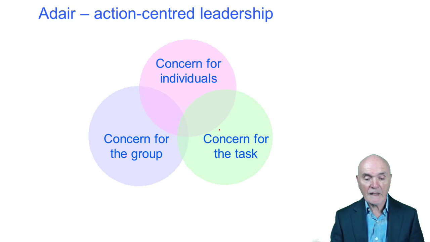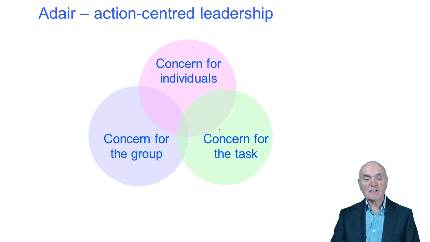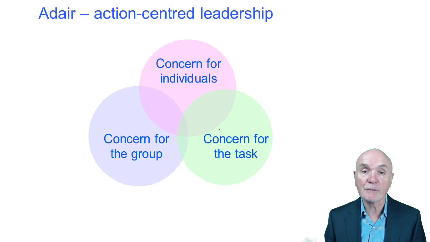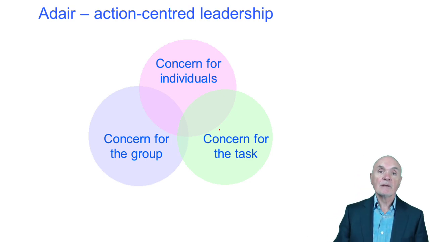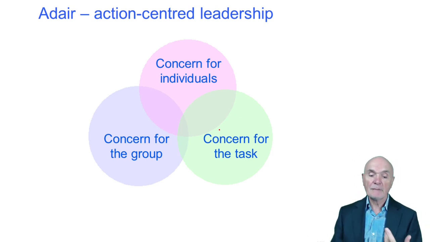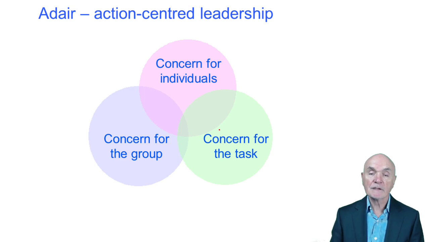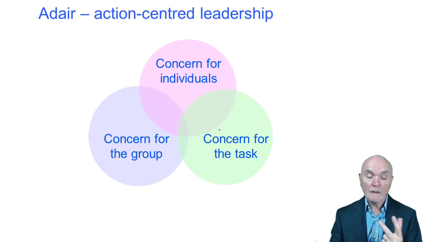So if we start with Adair, Adair is associated with action-centered leadership, and good leadership again means splitting your time a little bit. You have to show concern for the task and concern for individuals. That to some extent was captured on Blake and Mouton's grid, but also you have to show concern for the group. So you're dividing your effort between these three.